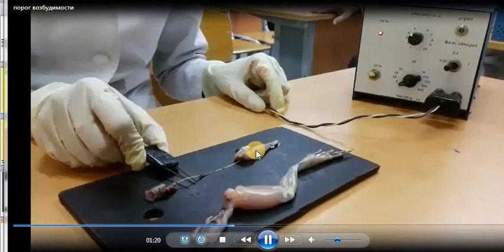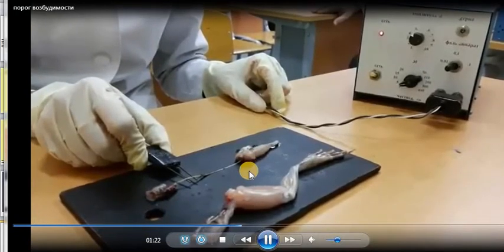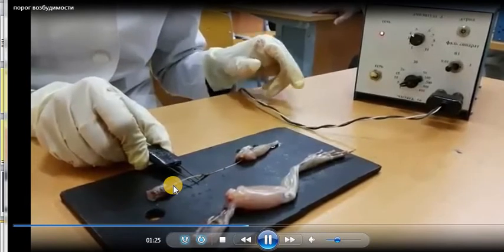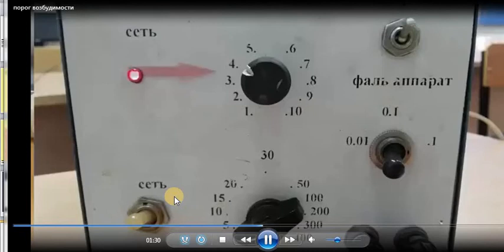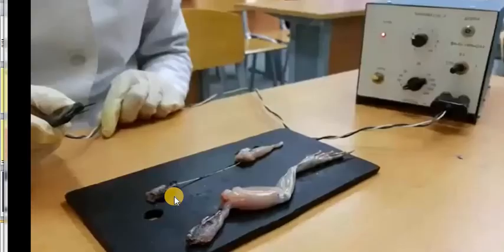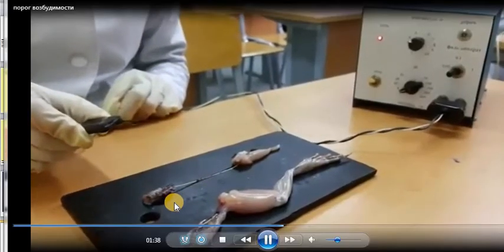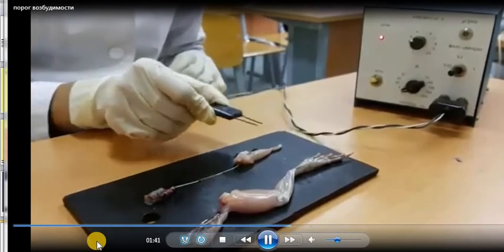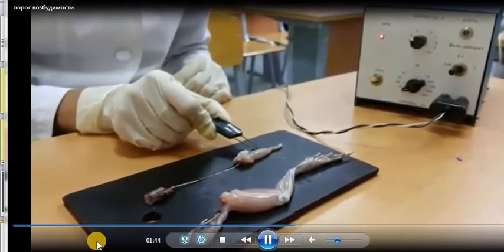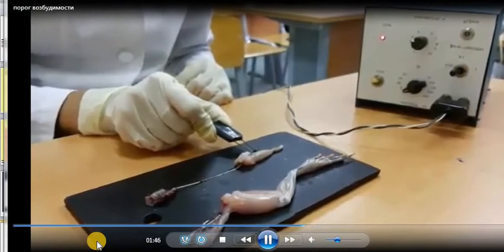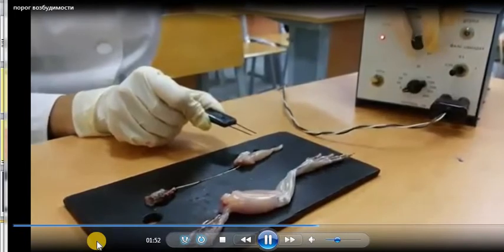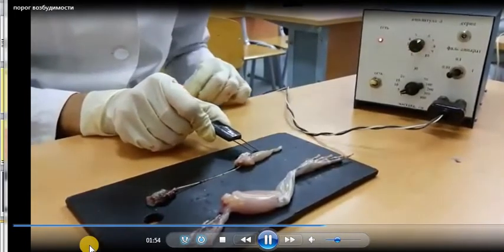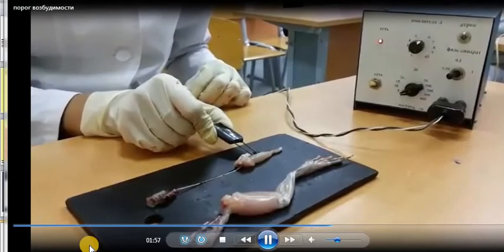You see, it is a contraction of the muscle. Usually we need a higher electrical signal for activation of muscle fibers, for generation of action potential.